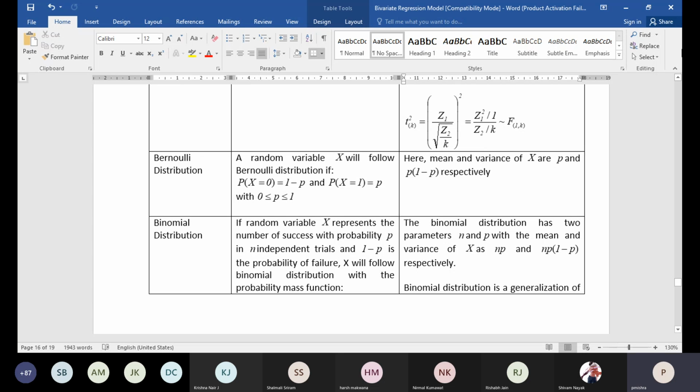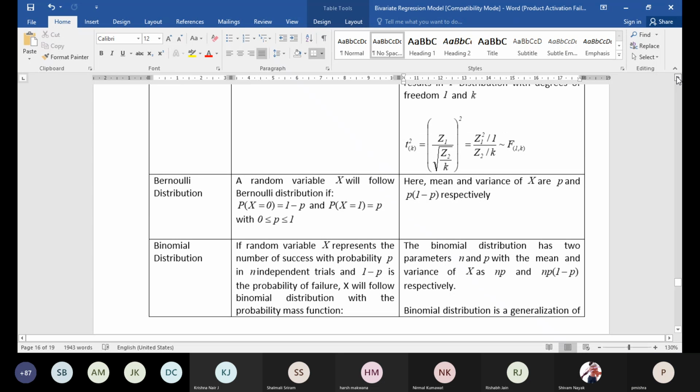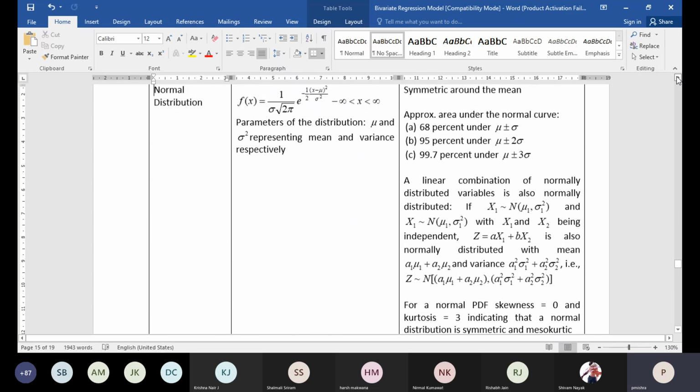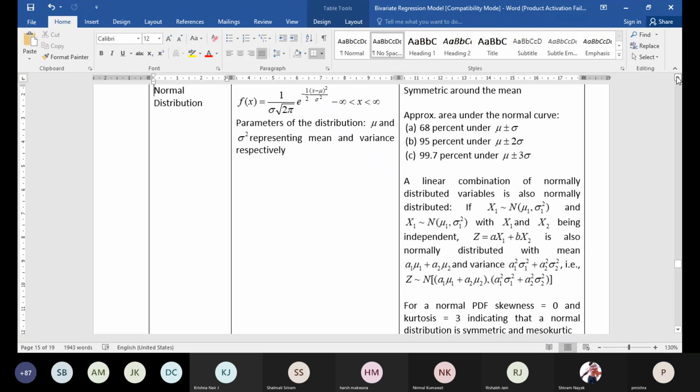Here I am basically concentrating on 4 distributions that I'll be requiring while discussing testing of hypothesis. One is normal distribution, from normal distribution to standard normal distribution, then from standard normal distribution to chi-square distribution. You know that if you square the standard normal variable and sum them, then you will get the chi-square distribution.